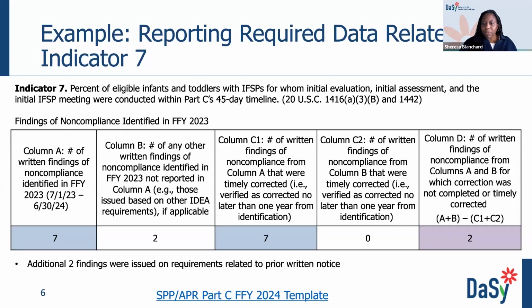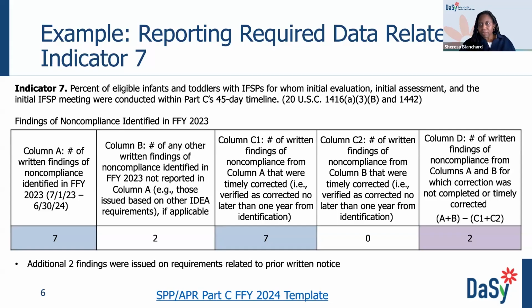So in the table, we have the findings of noncompliance identified in fiscal year 2023. In that first column, column A, that was the number of written findings of noncompliance identified, and that was 7. In column B, we have the number of any other written findings of noncompliance identified. And then in the third column, column C1, the number of written findings of noncompliance from column A that were timely corrected.